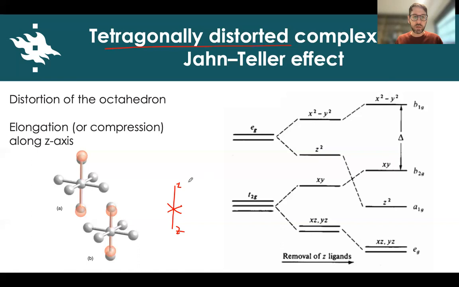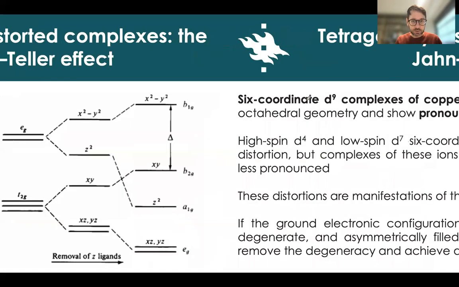So in this case, when we make the ligands along the z-axis farther away, we have elongation along z and compression along x and y, and then we arrive at this kind of crystal field splittings.